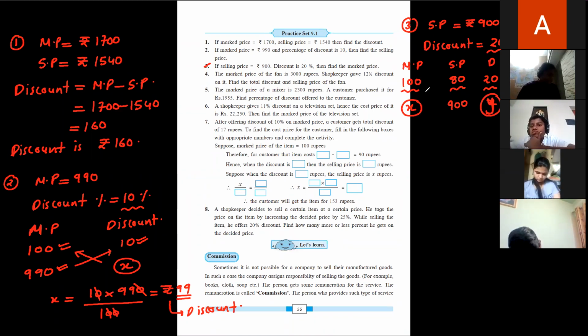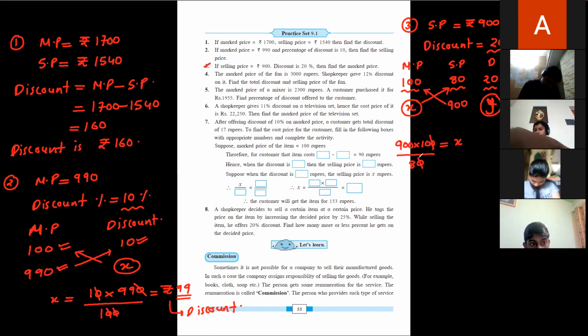How do we solve this? Just cross multiply. Take the X over here. So X will be equal to 900 multiplied by 100, and you will divide it by 80. This 0 and this 0 get cancelled. This will be 2 5s are, this will be 2 4s are, and now 4 and this will get cancelled.